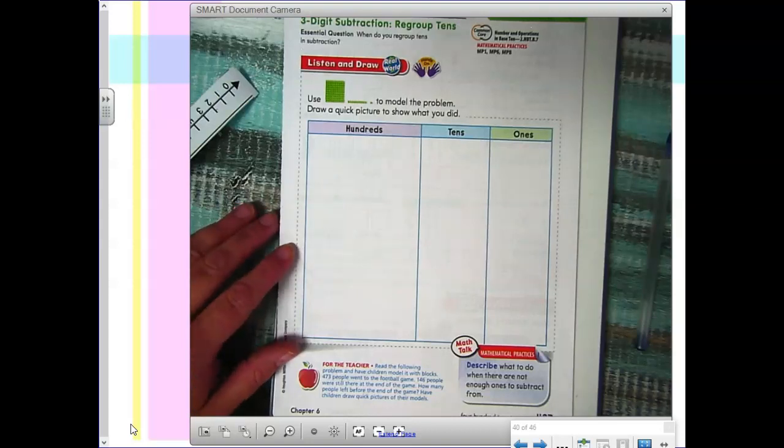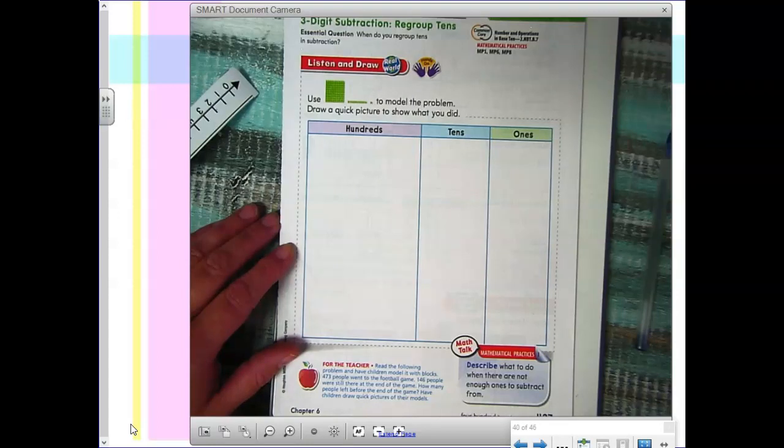Listen again. 473 people went to the football game. 146 people were still there at the end of the game. How many people left before the end of the game?